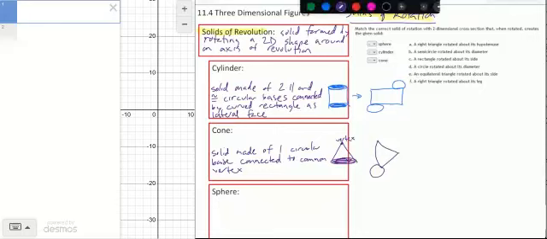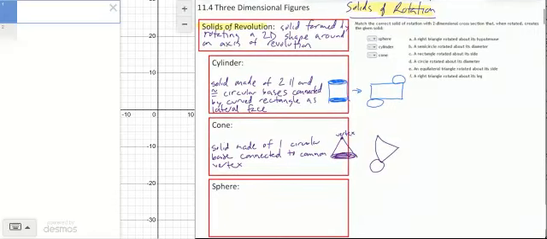Finally, the last solid of rotation we're going to look at is a sphere. By definition, it's the set of all points a given distance from a fixed point. Remember, this was how we started the definition of circle, and we said that it was wrong because a circle needs to be limited to 2 dimensions.